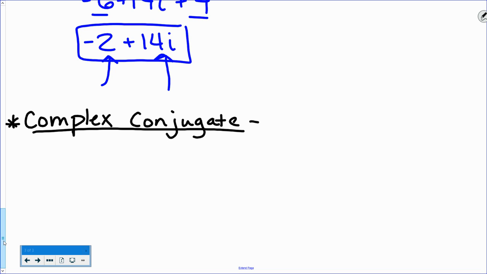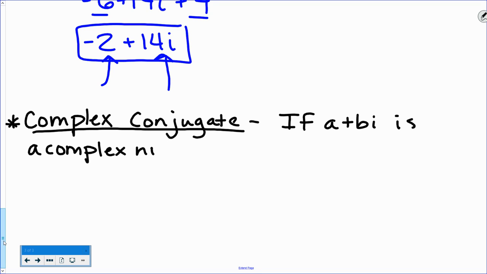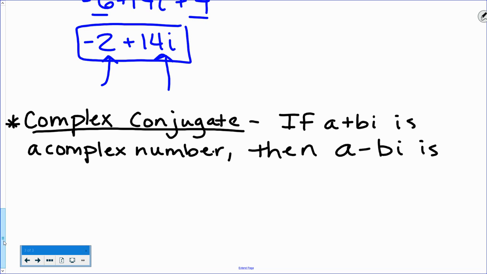So if a plus bi is a complex number, then a minus bi is the complex conjugate.